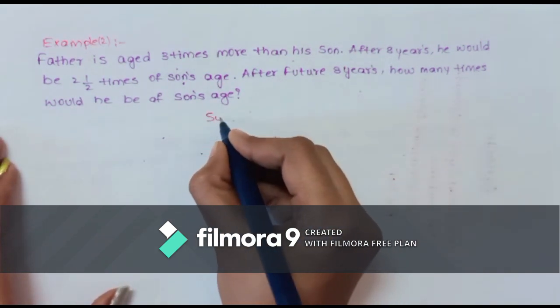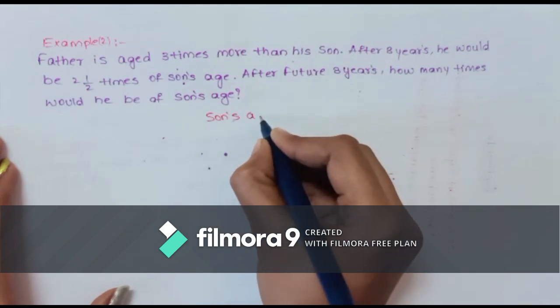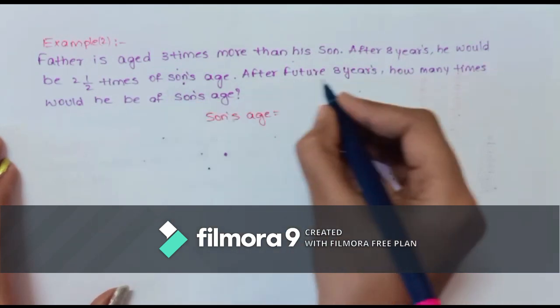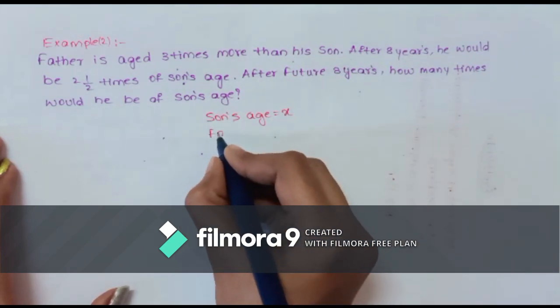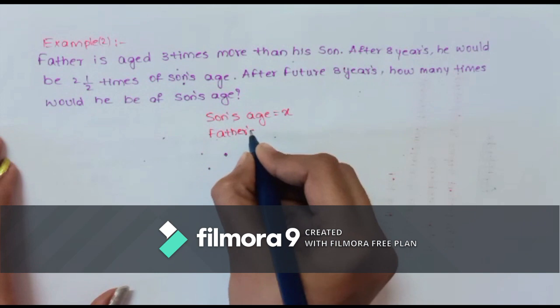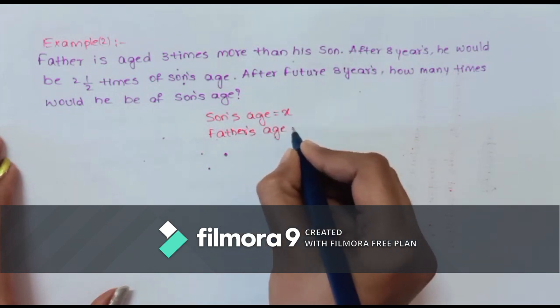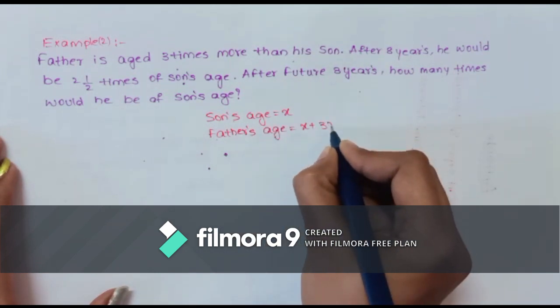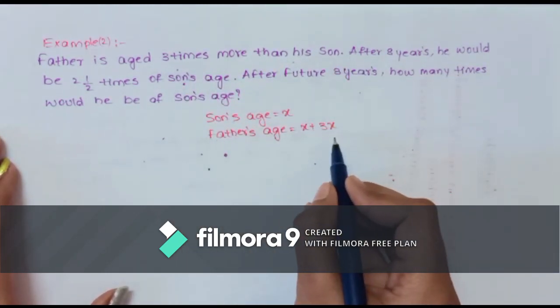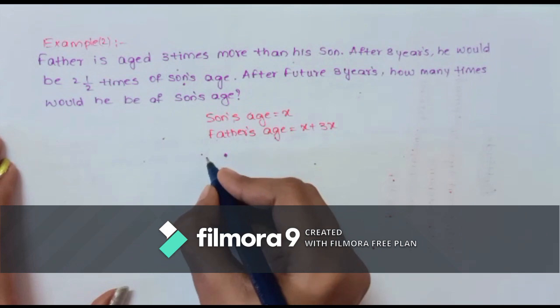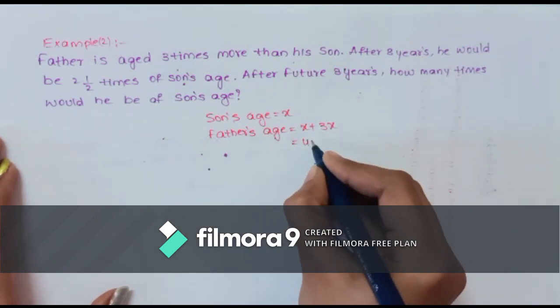Now, son's age. They did not mention son's age. So x. Father's age is equals to x plus 3x, because 3 times more than his son's age. So x plus 3x. Now if we add this, we'll get 4x.